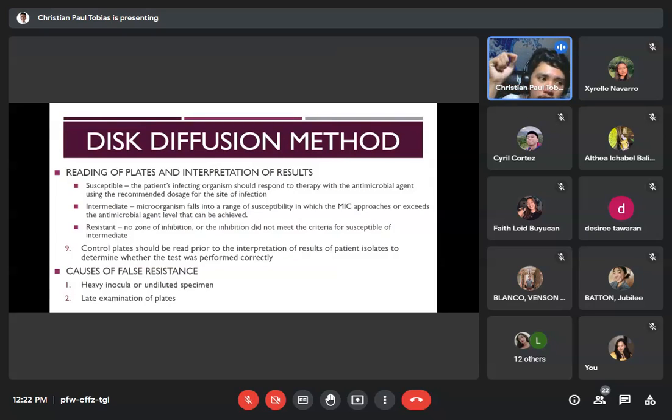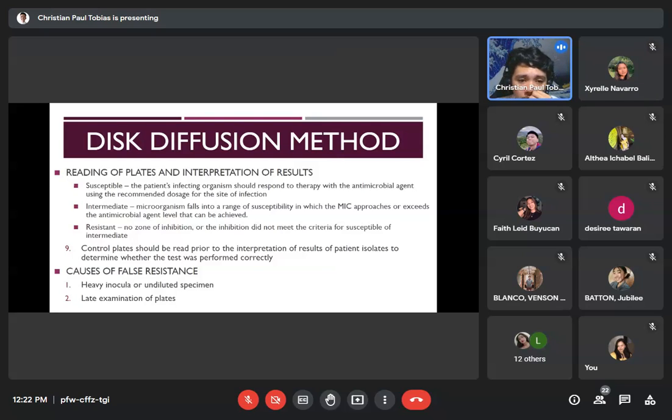Pero ang ginawa mo, pinasok mo na lang, hindi mo na pinisil sa loob, then in-inoculate mo agad. So, napadami yung bacteria. Ngayon, yung antibiotic, ma-overcome siya kasi sobrang dami ng bacteria na nailagay mo.